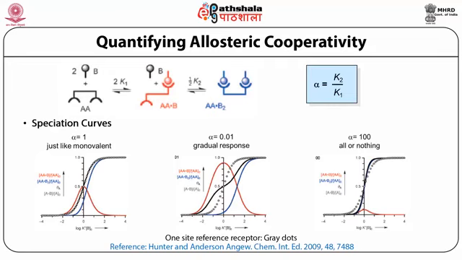And the last case, which is what we are all interested in, is alpha equals something pretty high, like 100. This is where we see all-or-nothing behavior, because the transition in your binding site occupancy and the blue line becomes very steep, and there is no significant population of intermediate in this step.